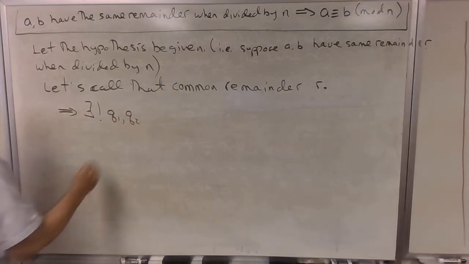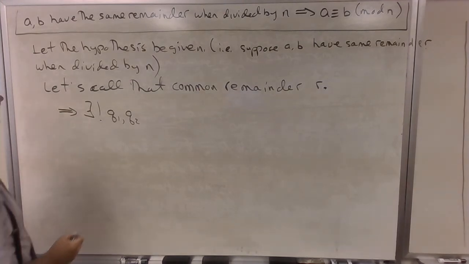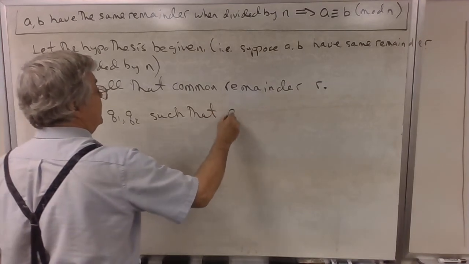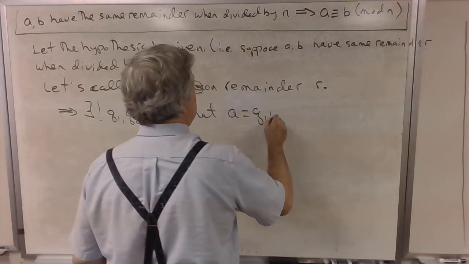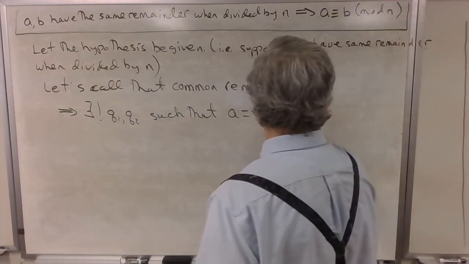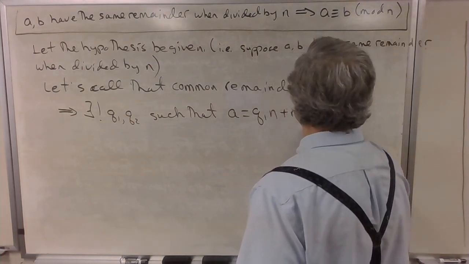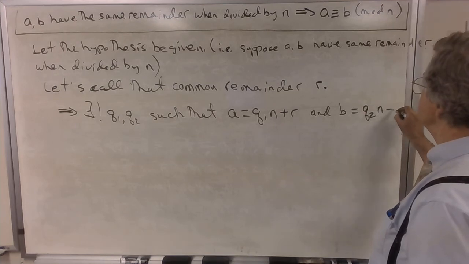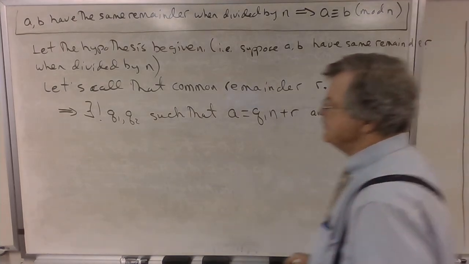So there are unique q1 and q2 such that a equals q1n plus r, and b equals q2n plus r.